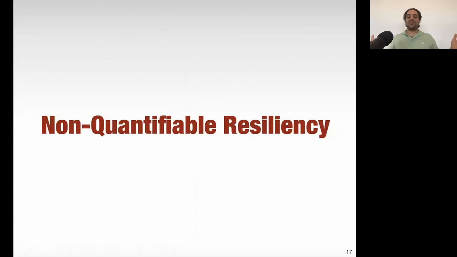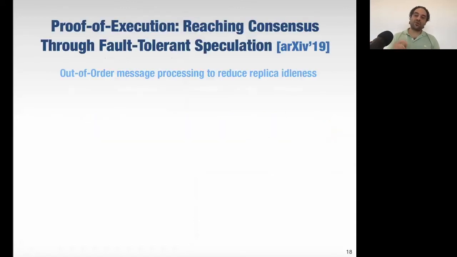So now let's look at a less quantifiable resiliency, and that comes to the protocols that we've been developing over the years. The first protocol that we looked at, which started in January 2018, was this: thinking of a consensus protocol as an election, and an election has a single commissioner, meaning a coordinator for that election.